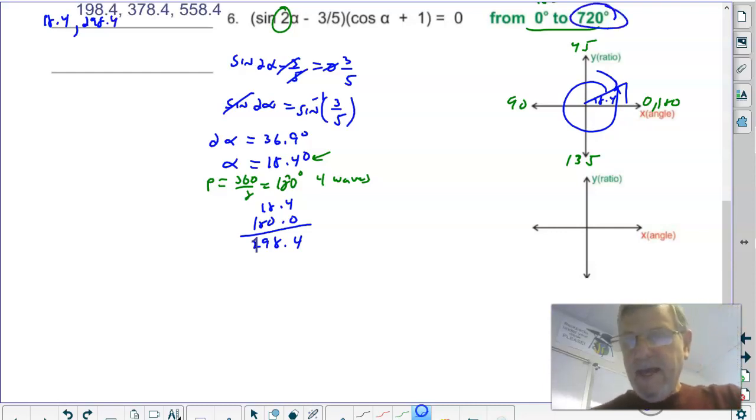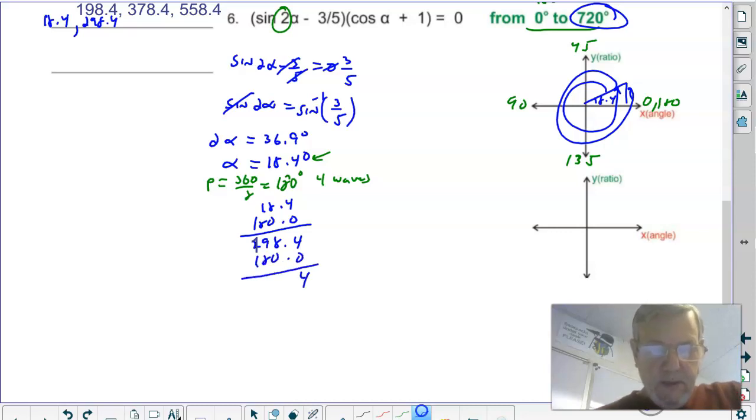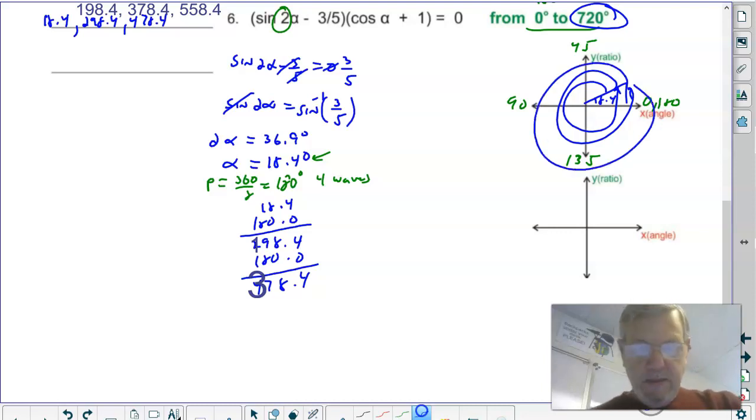So I'm going to spin around again, another 180. And now I'm at 478.4. All right, and then I'm going to spin around another 180.